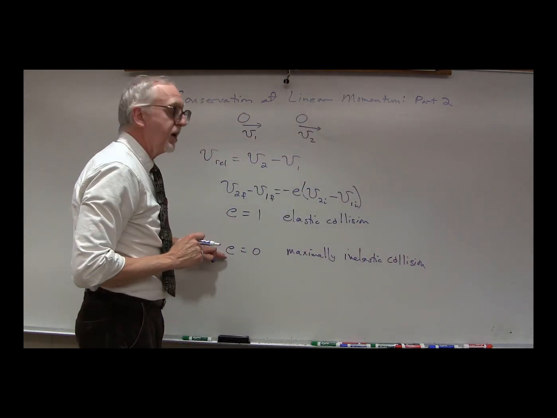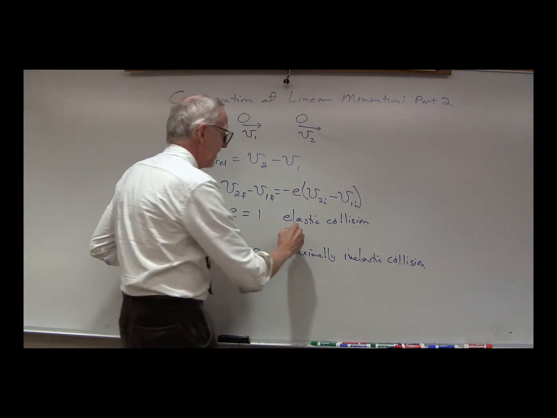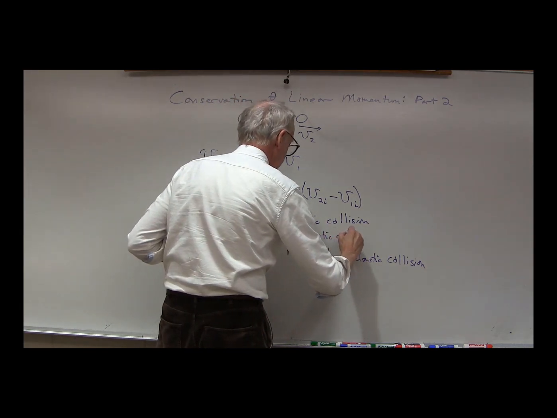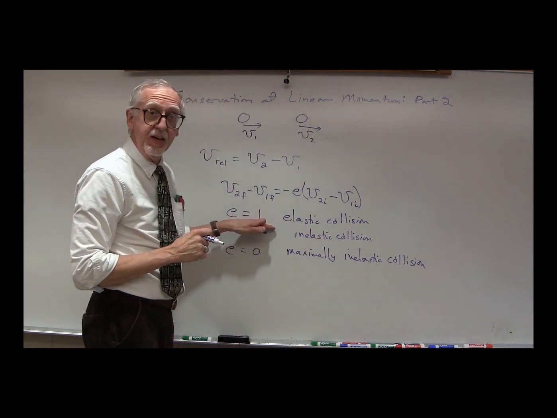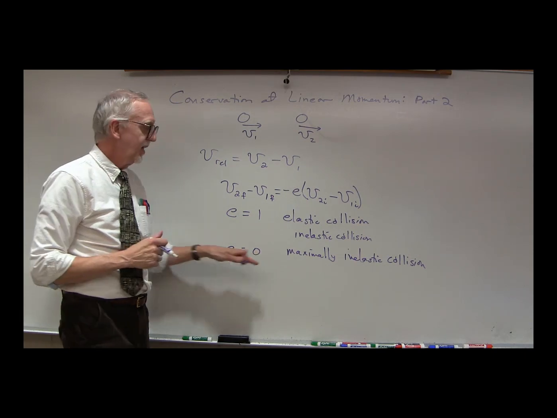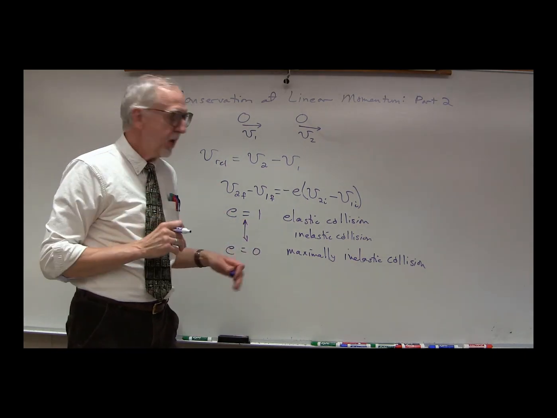And when E is somewhere between 0 and 1, we have just an inelastic collision, which could be just a little bit inelastic, almost elastic, or almost maximally inelastic. So E can be anywhere between 0 and 1.